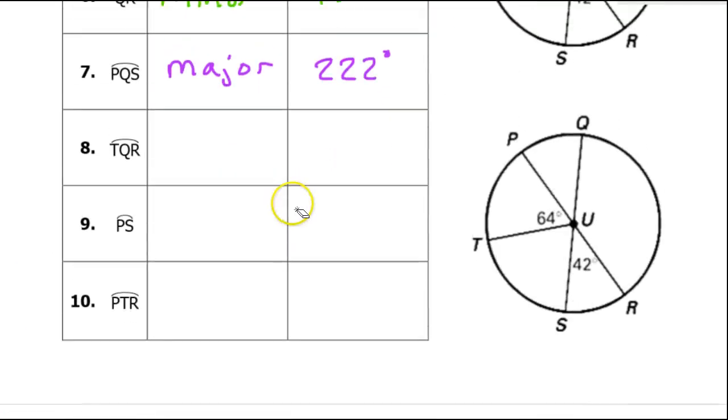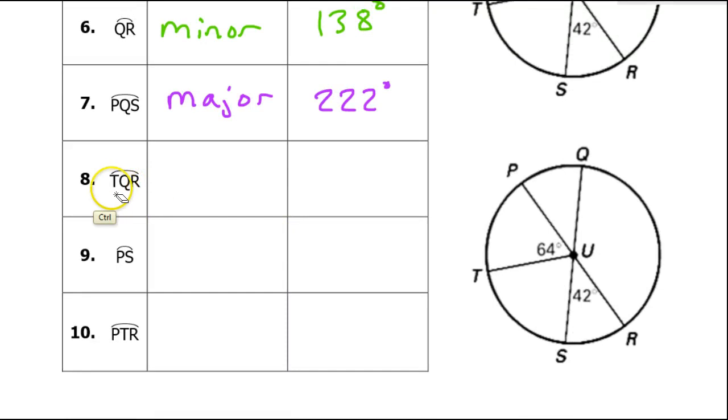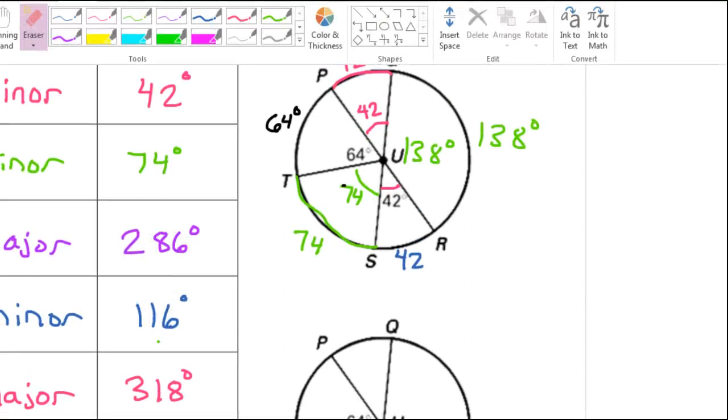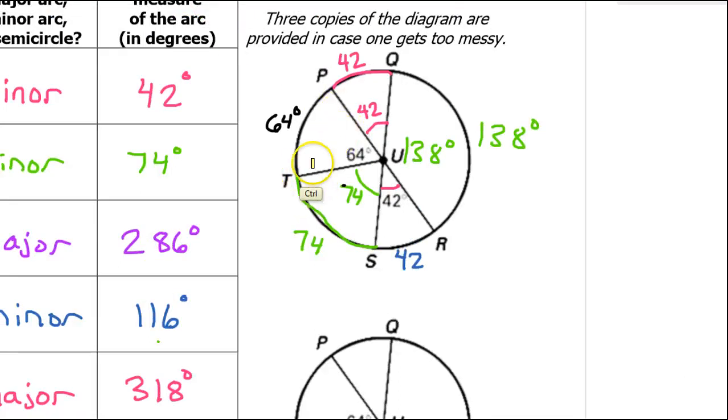Okay. How about arc TQR? Okay, TQR has to start at T, pass through Q, and go around to R. So I can just add up these three arcs, 64 plus 42 plus 138.